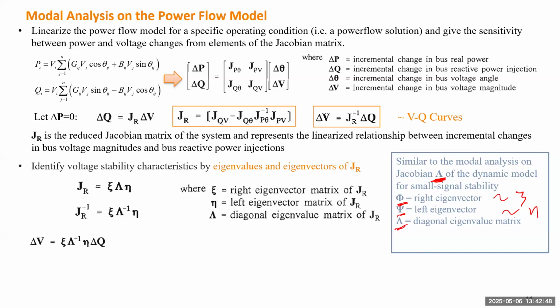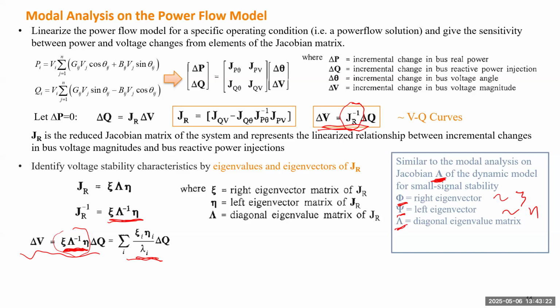Okay, so next from here, because we can replace this inverse of the Jacobian matrix by the diagonalized version, we'll have this equation. And if we spell out what happened in here, it is a summation of many atoms.